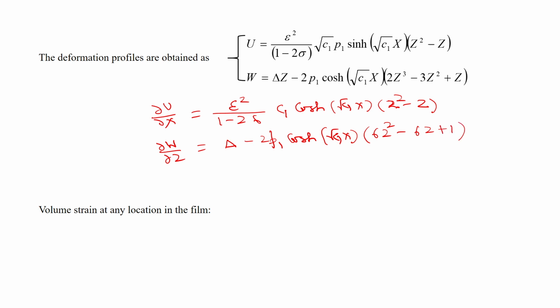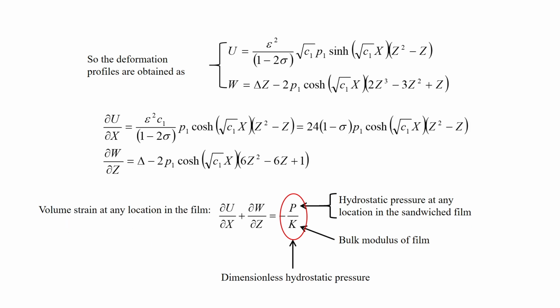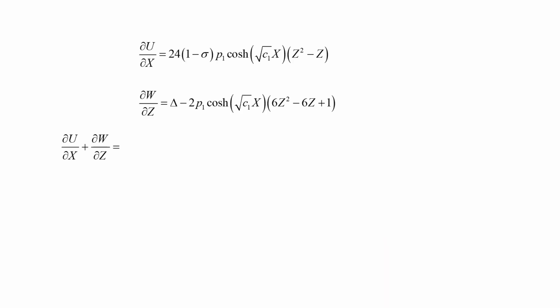So, this is del w by del z, and now you use this dimensionless expression. So, you have this 6z square minus 6z plus 1. So, you add it up, and after adding it up you have this quantity. So, let us do that. So, we have got this 24, let us say w here. So, w delta here.